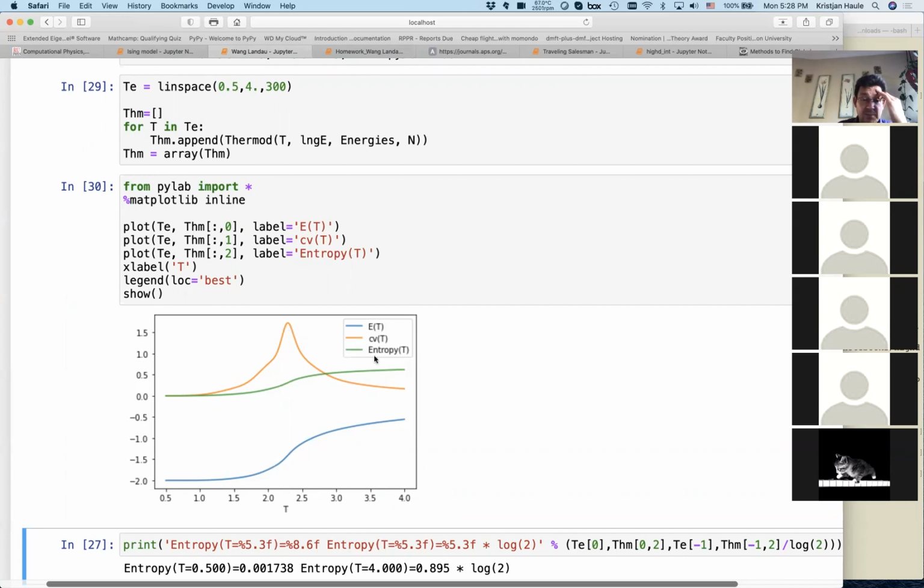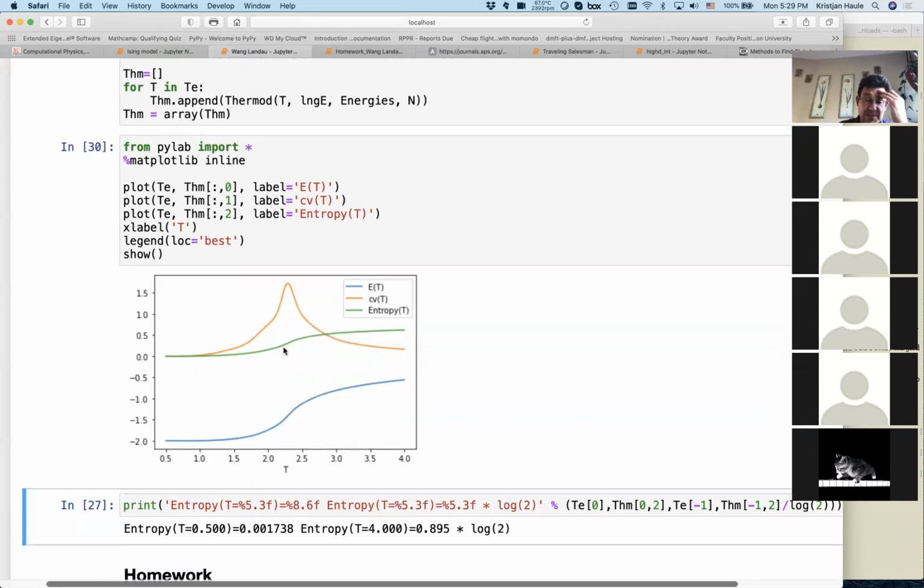In particular, the entropy is the new quantity, and you see that it goes to 0 at low temperature, and then at the transition, of course, has a large change because it's a second order phase transition. It has to go through a change which is diverging, of course, because the derivative of the entropy is actually the specific heat. So the specific heat is diverging at this point, or basically has a peak in a finite system. Therefore, entropy has to change its slope very quickly. And then entropy at high temperature has to go to a constant.